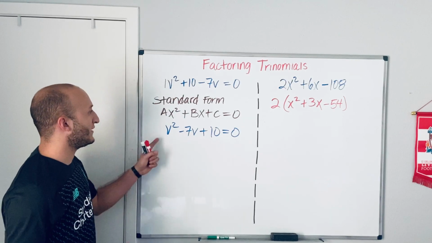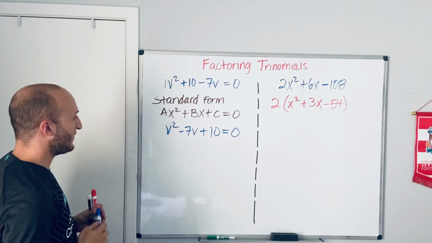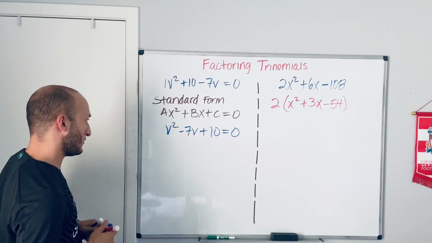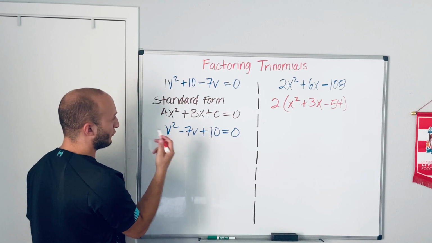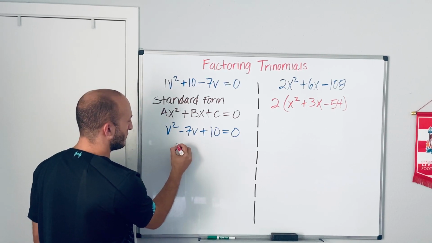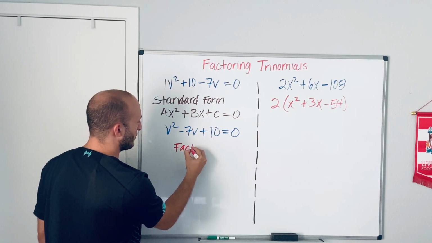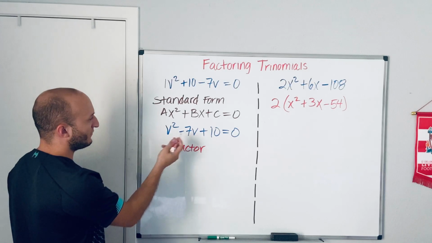Now that it's in this form, I ask myself, can I factor anything out of this equation? The only thing we can factor out, or the greatest common factor, would be 1. So it wouldn't change much. So the first thing is, can anything factor?